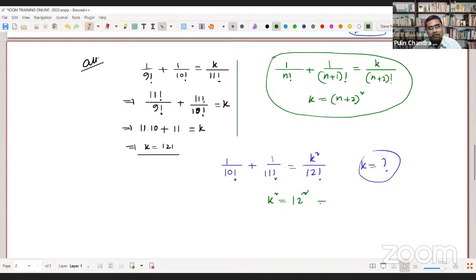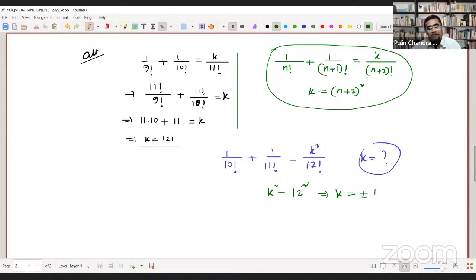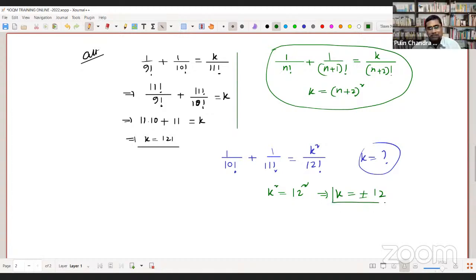अच्छा, इसके बाद कौन बोलेगा क्या आंसर हमें होना चाहिए? 144. Sir, 12 और प्लस माइनस 12, प्लस और माइनस. Plus 12 because minus 12 is not considered. Why it is not considered?